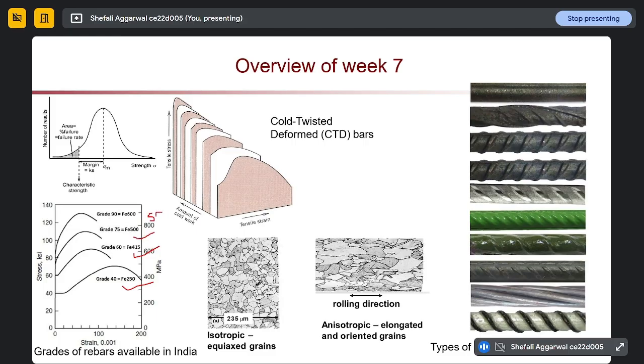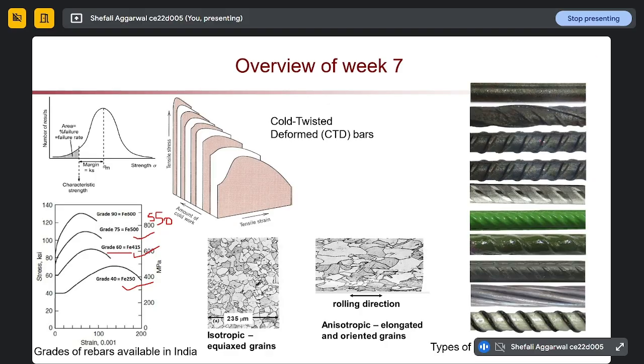These are the rebars usually used on site. And what do 550, 415, 250 represent? They represent the characteristic strength of the rebar.